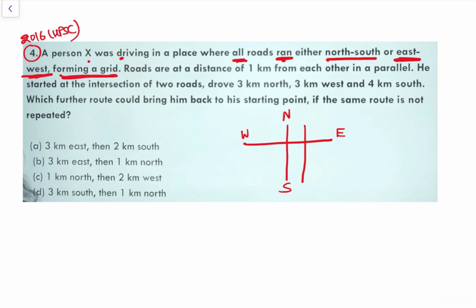So all the roads are forming a grid, north south and east west. There are many roads, east west and north south.